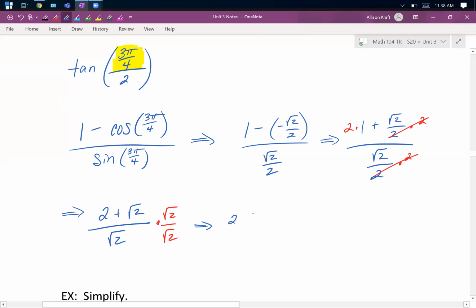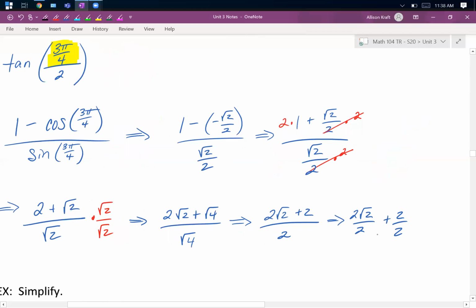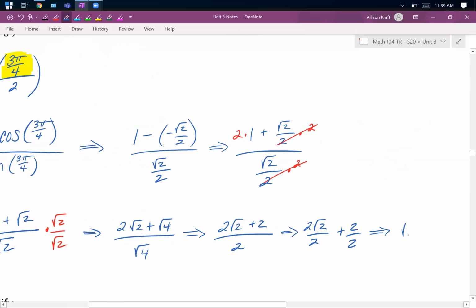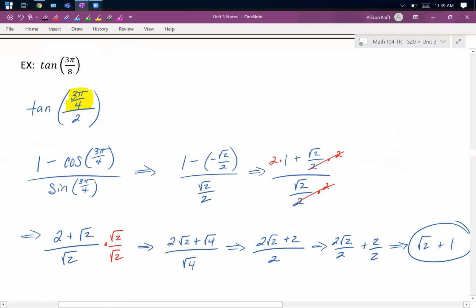It's going to be 2 square root of 2 plus the square root of 4 over the square root of 4, which is 2 square root of 2 plus 2 all over 2. Breaking that up into two separate fractions, we'll get 2 square root of 2 over 2 plus 2 over 2. For a final answer, square root of 2 plus 1. Questions, anybody?